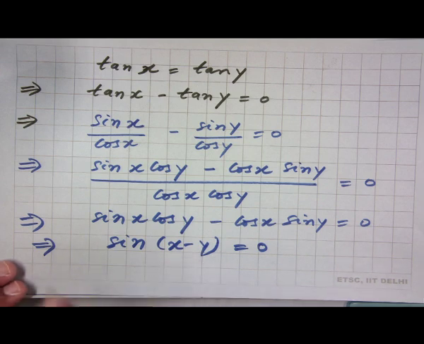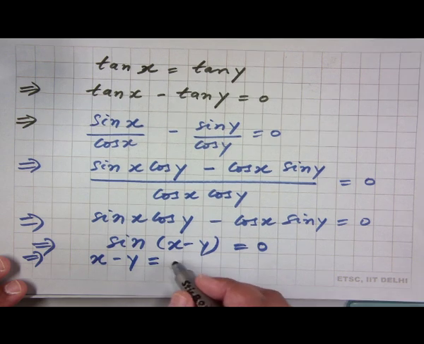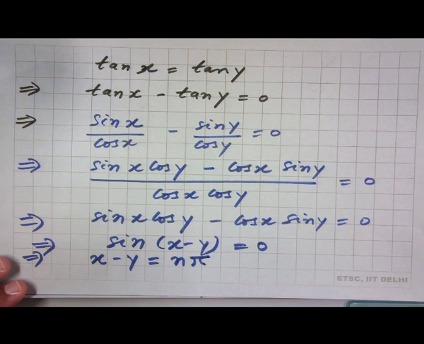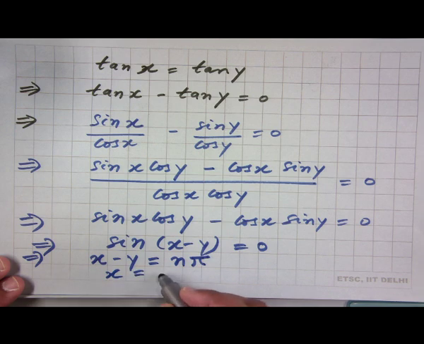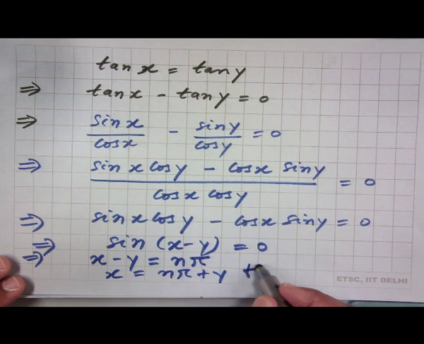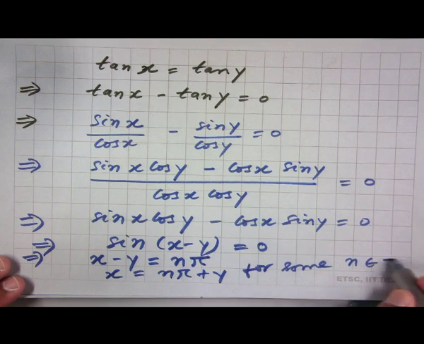Therefore, from here we can conclude that x minus y must be some integer multiple of pi, and that implies that x has to be equal to n pi plus y for some integer n.